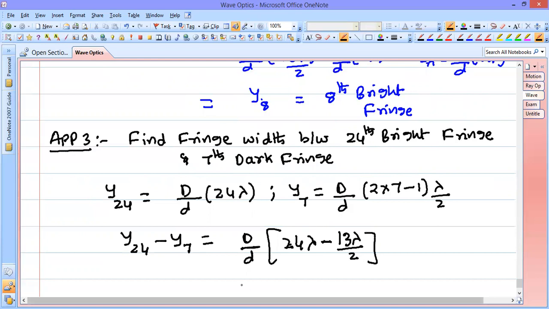So it will be 48 minus 13, that is 35 lambda by 2.